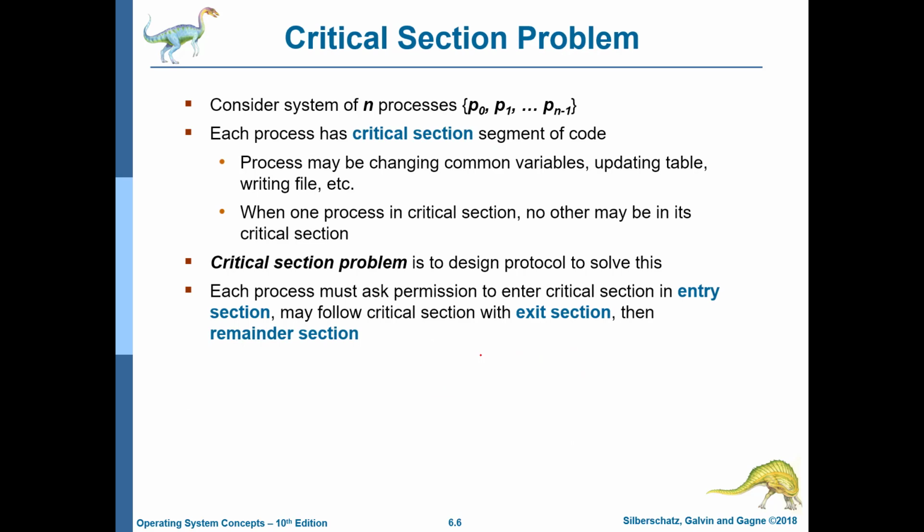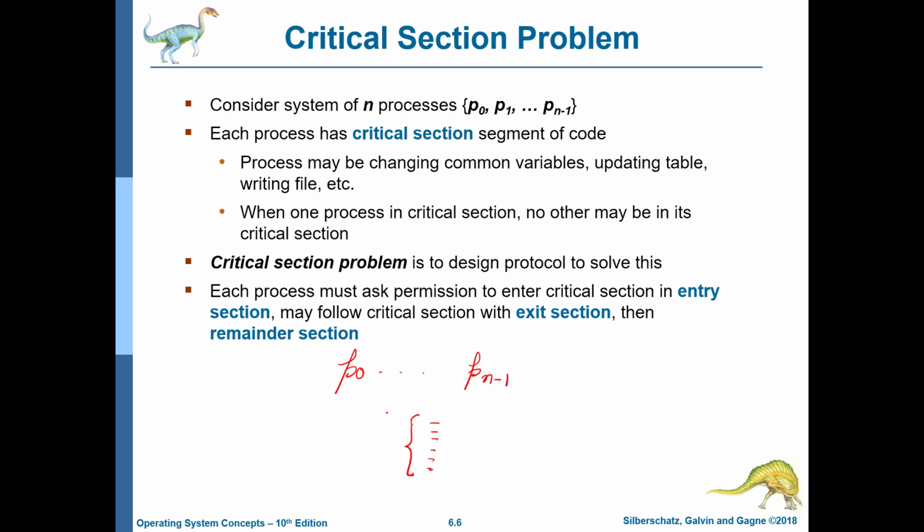So what is the critical section problem? Let us assume that we have n processes which are numbered from P0 to Pn-1. Then we consider a critical piece of code that changes common variables, in the sense that it changes variables that are shared.